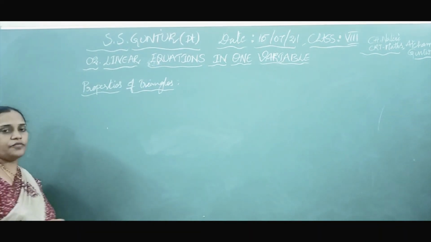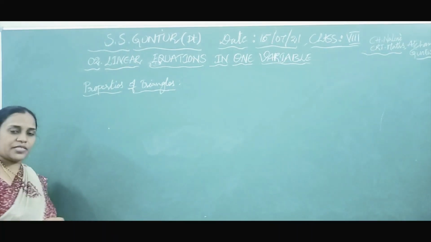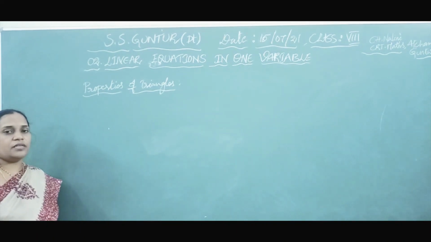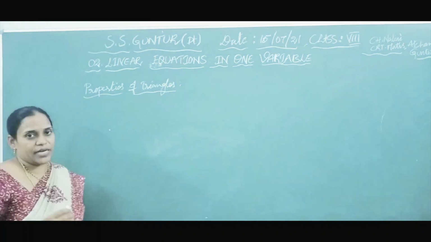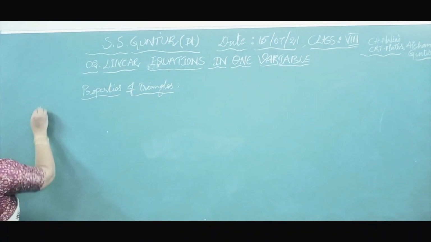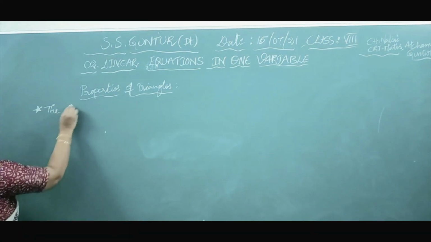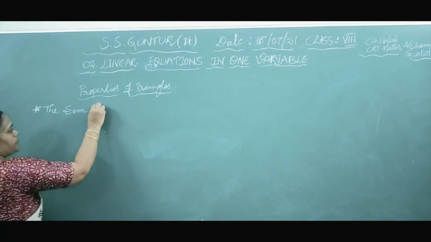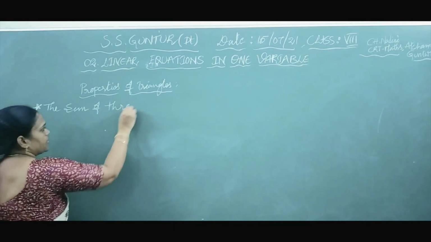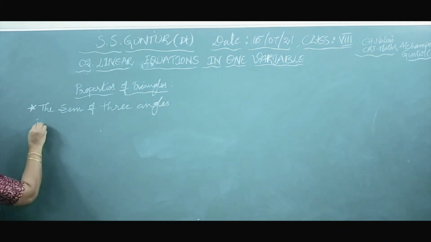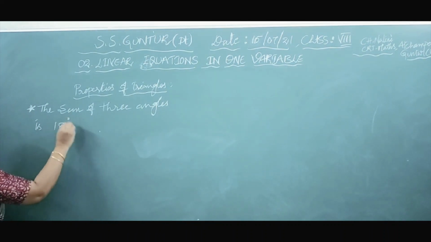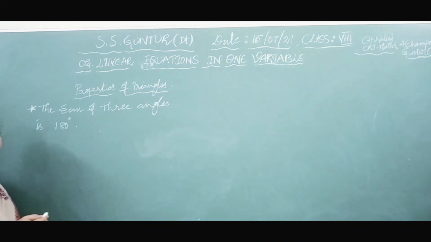Everybody knows the first property. What is our first property? In general, in a triangle, the sum of the 3 angles is 180 degrees. In any triangle, this is 180 degrees.